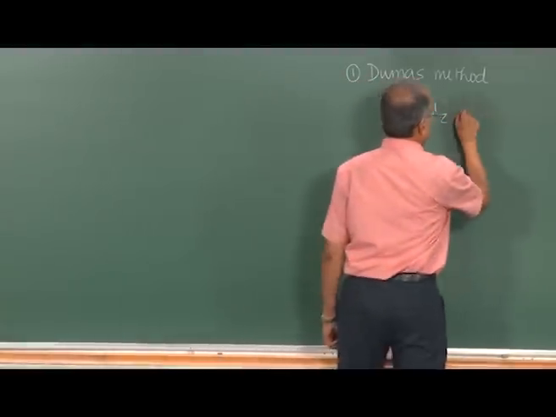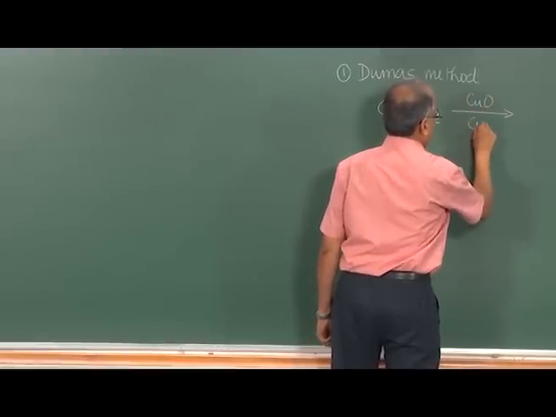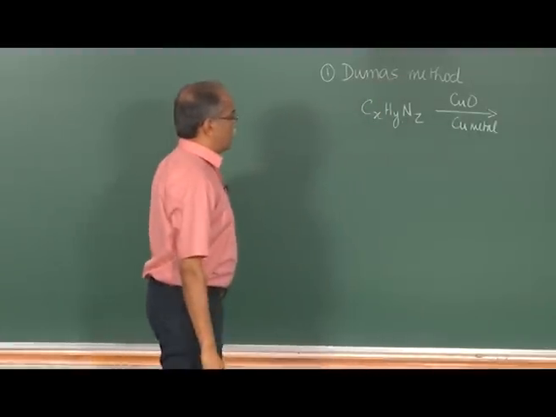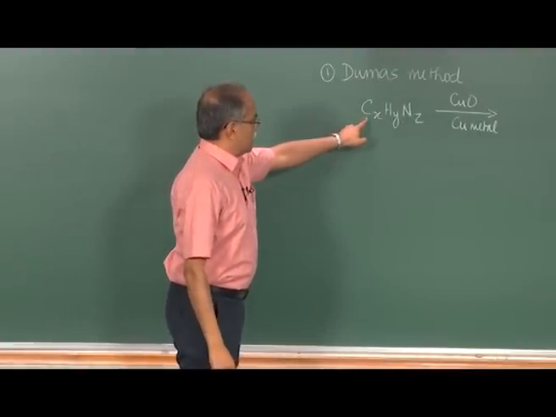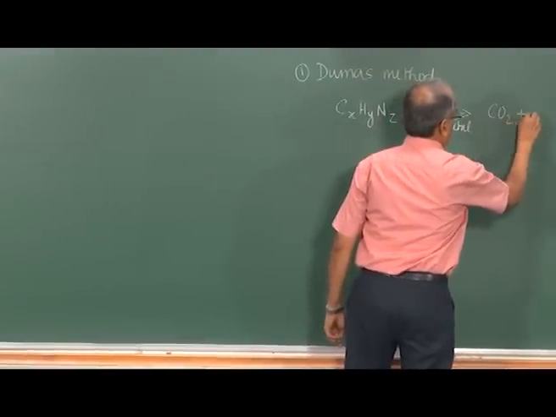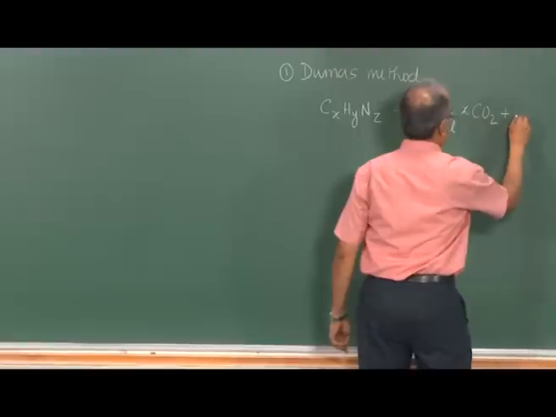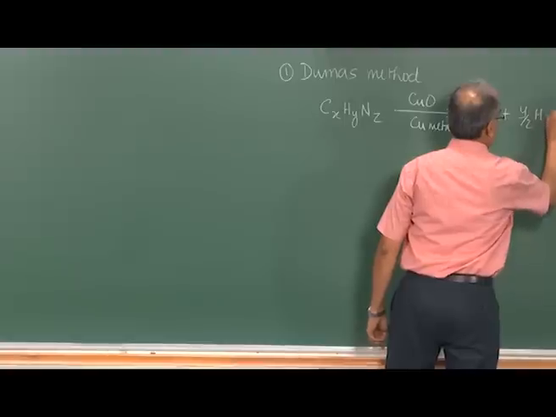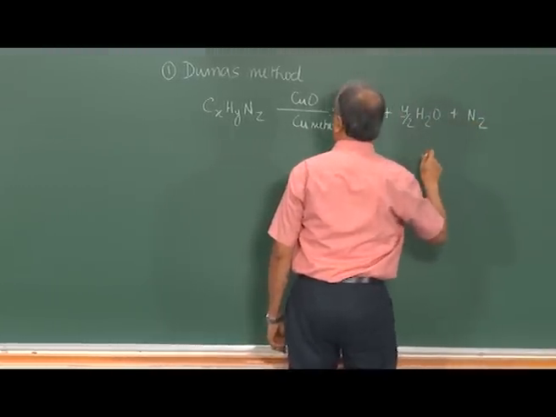When it is heated over a surface of copper oxide and copper metal under a stream of carbon dioxide, the carbon present in the organic compound is converted into carbon dioxide completely, and the hydrogen that is present in the organic compound is converted into water, and the nitrogen is converted into N2 gas.